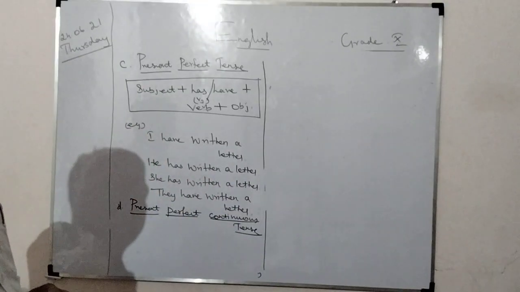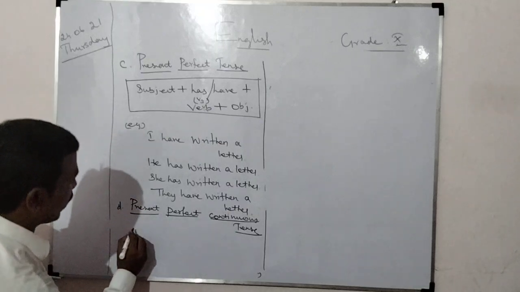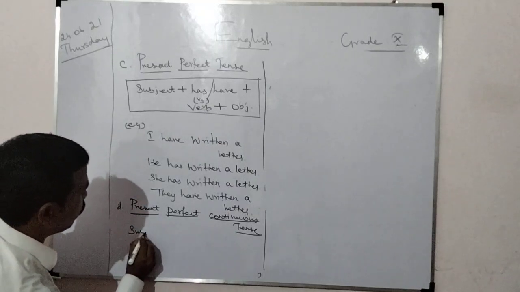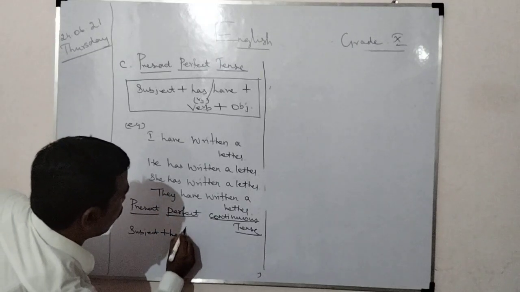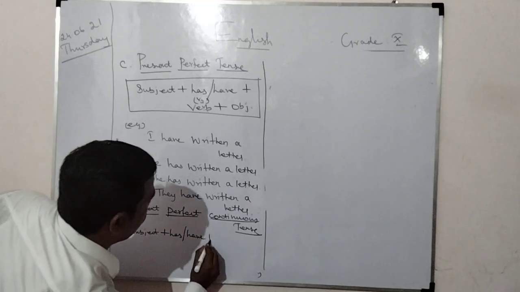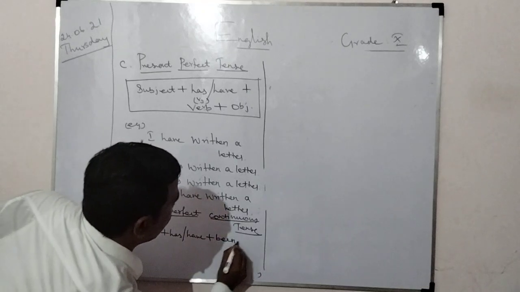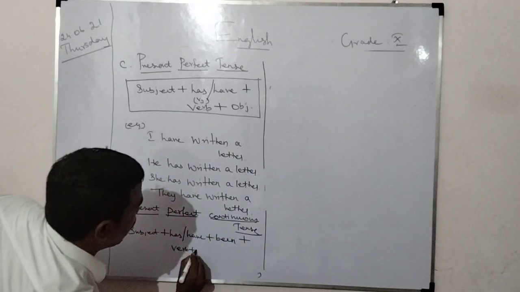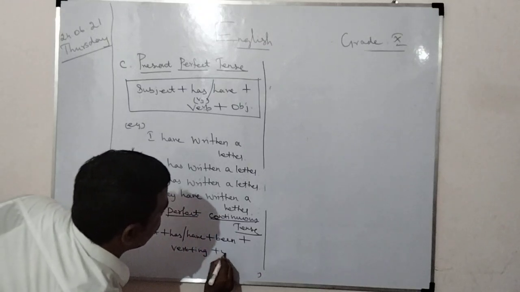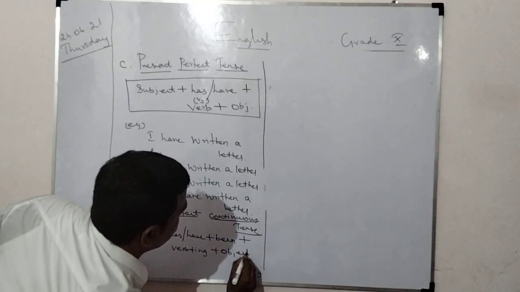So for present perfect continuous, the structure is like this: subject plus has or have plus been plus verb plus ing plus object.